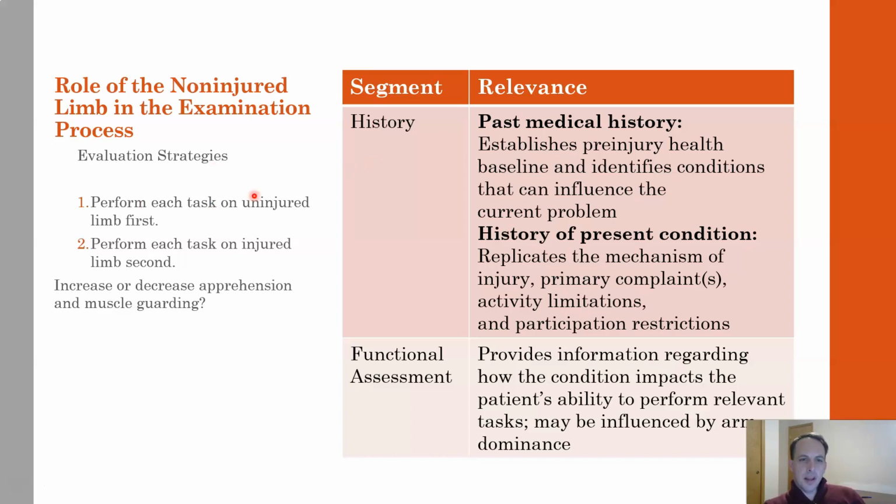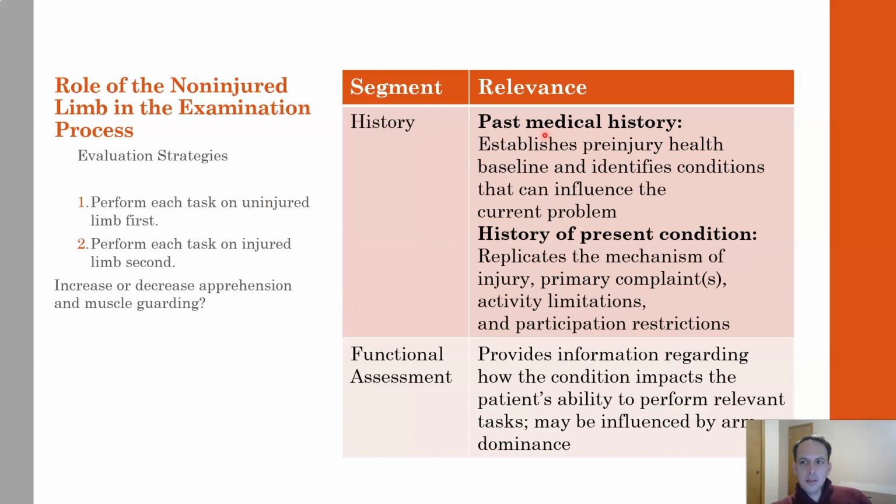So you perform each task on the uninjured limb first and then on the injured limb second, thereby allowing for a situation where we have a decreased apprehension level because the individual knows what to expect with what you are going to be doing, and it will allow for a better test. It will also allow you to more readily compare the injured and uninjured side, knowing what is normal for them.